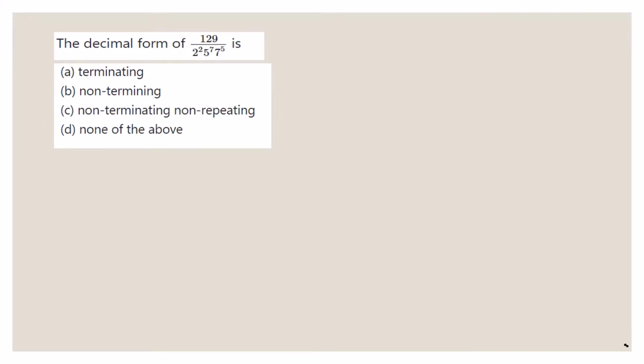The decimal form of 129 by 2 square into 5 raised to 7 into 7 raised to 5 is terminating, non-terminating, non-terminating non-repeating, or none of the above. So for this, you should think about theorem 1.6 and theorem 1.7 in the chapter Real Numbers.